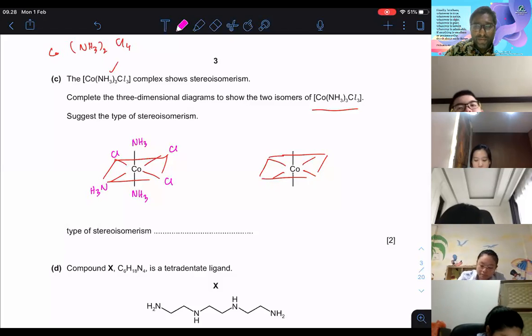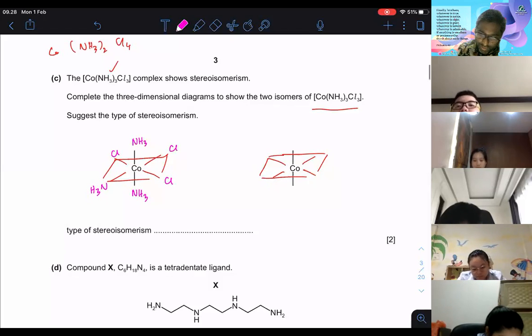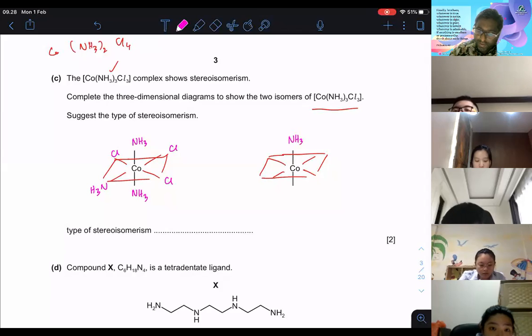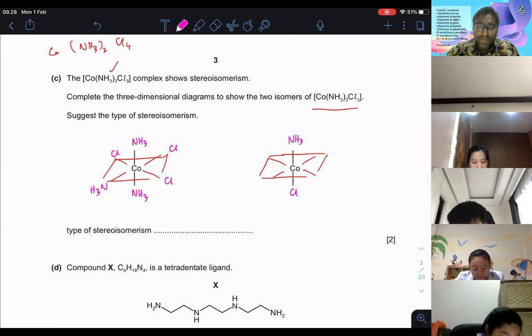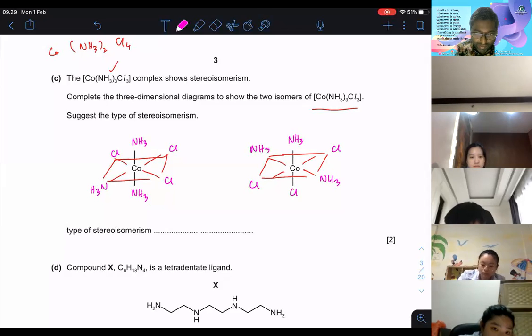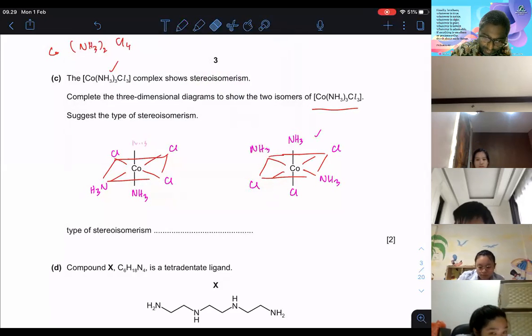If I put ammonia here, and then Cl here, the remaining Cl, if I put one Cl here, another Cl there, and then ammonia here, another ammonia here, you can see what happens here. I think it will be better if I show it like this, so maybe I'll show somewhere here.